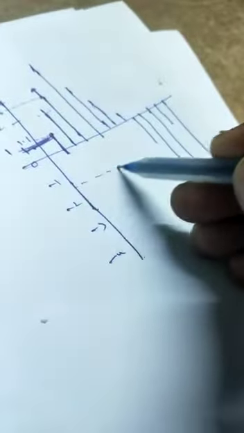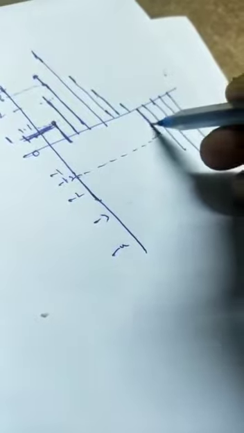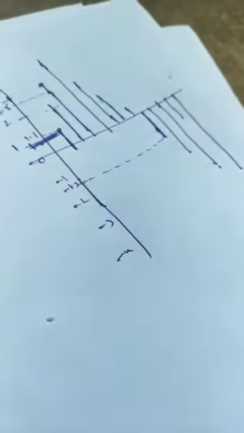Quantization is a process of rounding of analog values. Analog values means these are the analog samples, rounded off to the nearest digital level. Again I explain, here the analog value is minus 1.2, so we round off this minus 1.2 to minus 1.